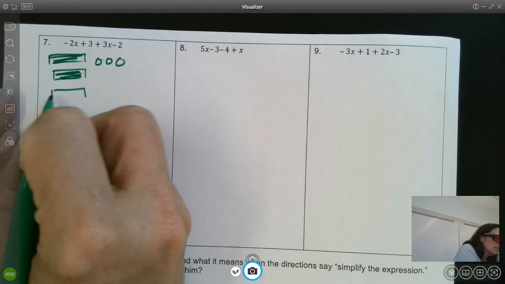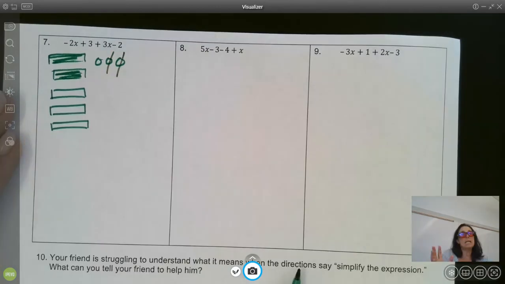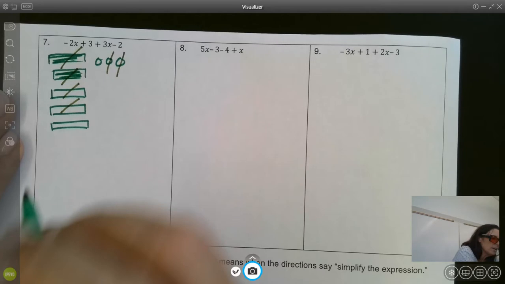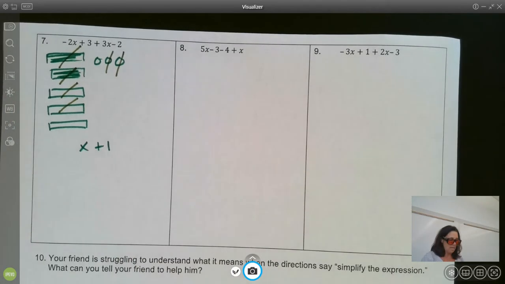All right, that's my model. Now let's simplify. This one and this one go away, this one and this one go away. So I'm left with x plus 1 as an answer.